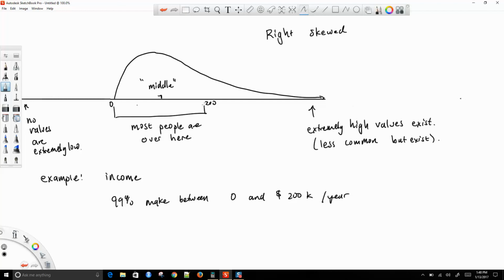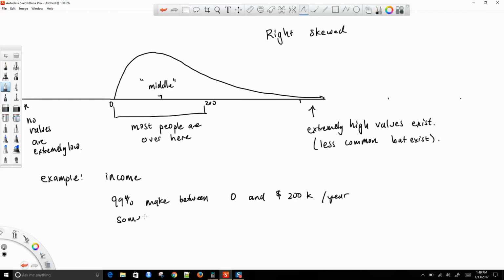If this is 0 and 200,000, then $1 million is 5 times this distance. So that would be 1, 2. It's actually off the paper here. So $1 million would be way out here. So that's something very extreme. On the other side, can you make less than $0 per year as a wage? No, you can't. I mean there might be some people who are in serious debt and in big trouble, but as far as you're being paid, you cannot be paid less than $0. So 99% of people might make between 0 and 200,000.